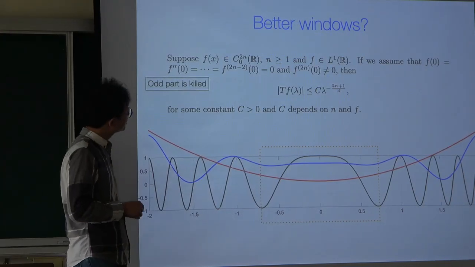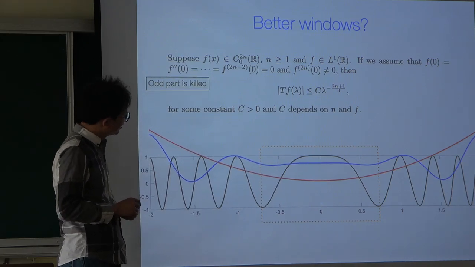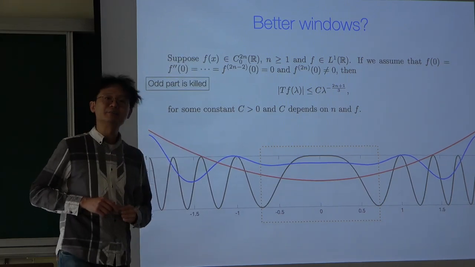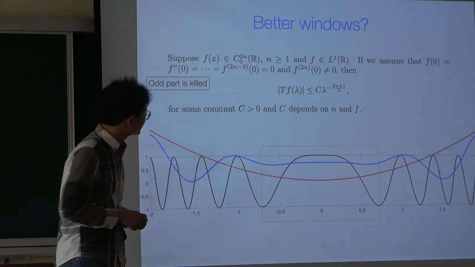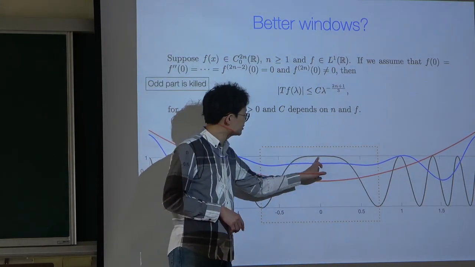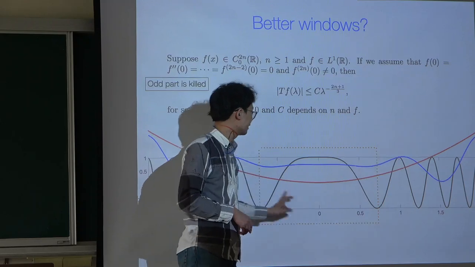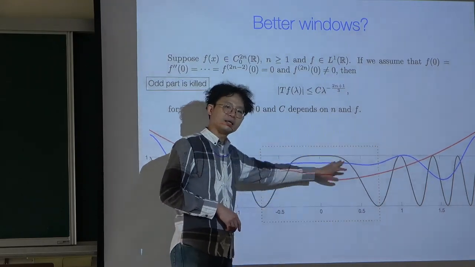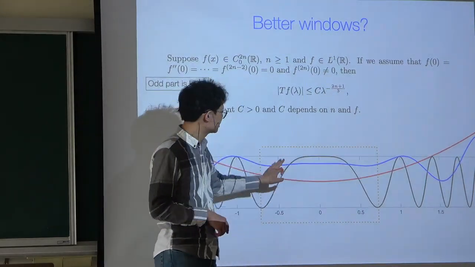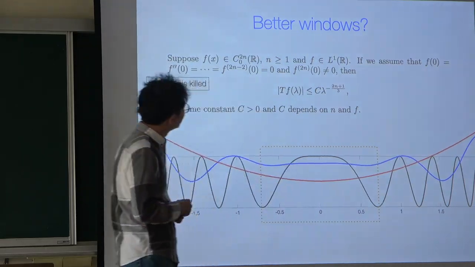But we were actually not very happy about that kind of implementation, because as I mentioned here, at time 0, actually you have some kind of part that cannot be easily cancelled out because it is just like 0.